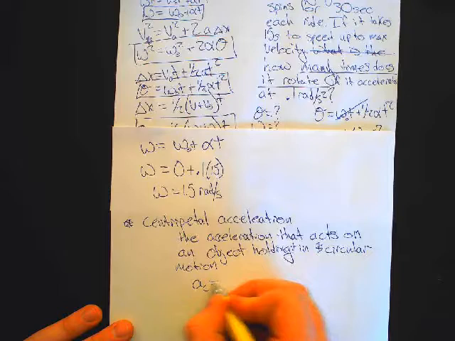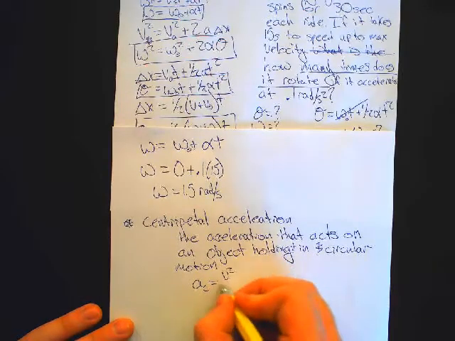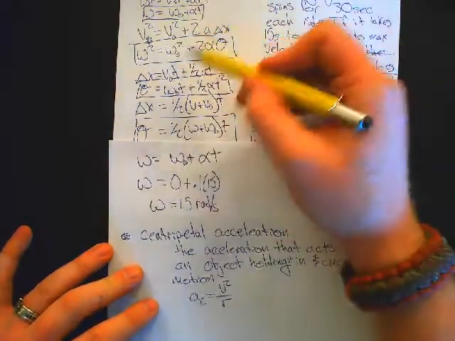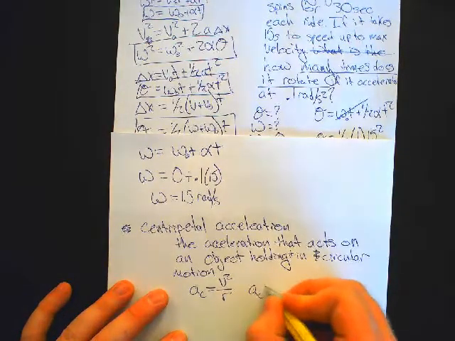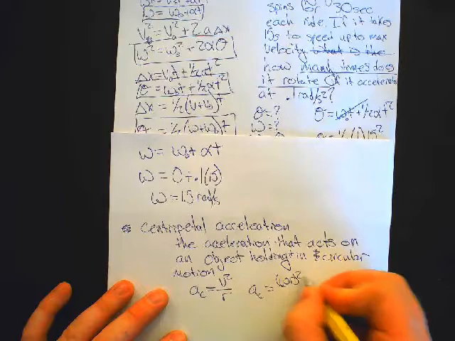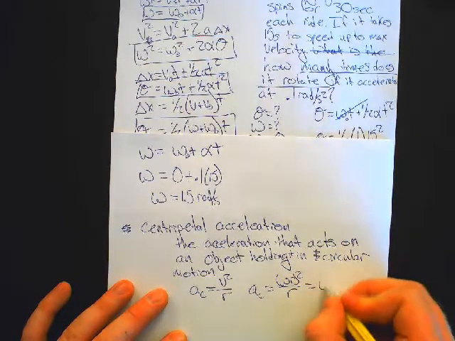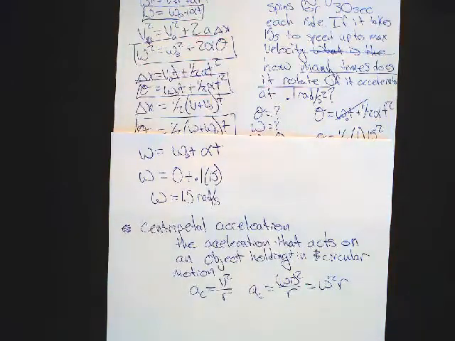Centripetal acceleration is thereby calculated as v squared over r, or substituting in our definition of v as omega r, a_c is equal to (omega r) squared over r, showing that omega squared r is the centripetal acceleration. a_c equals v squared over r, which equals omega squared r.